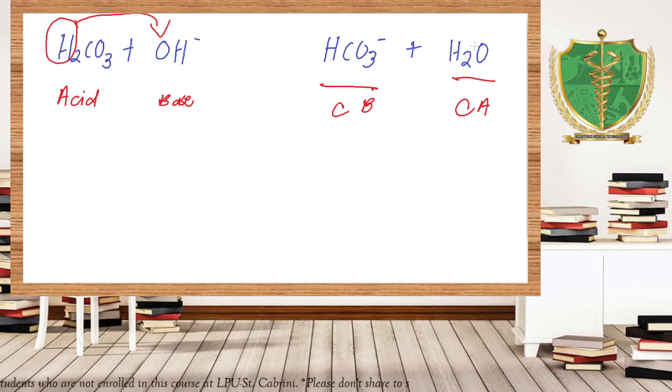The next thing to do is to locate the stronger acid and the stronger base. So this is our strong acid. Bakit po hindi si water? Sabi natin si water is a weak acid, right?